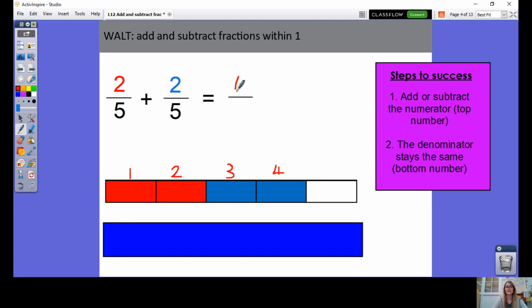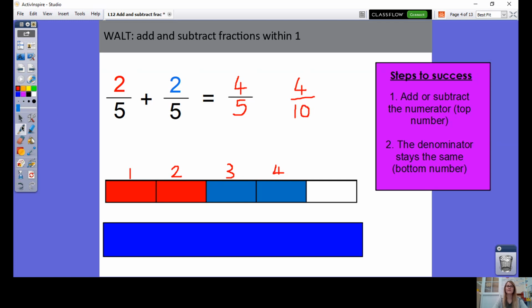So that stays as my numerator. And then the denominator stays the same, which is the bottom number. So I don't add 5, it just stays as 5. Now the reason that it doesn't get added is because the parts have not changed. If I added them, then I would have 4/10.